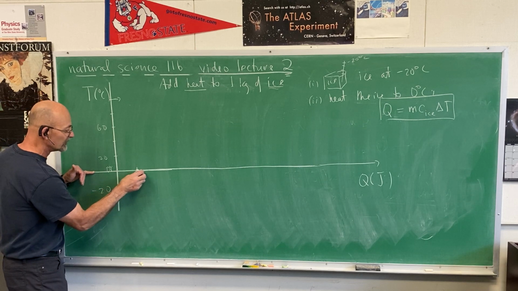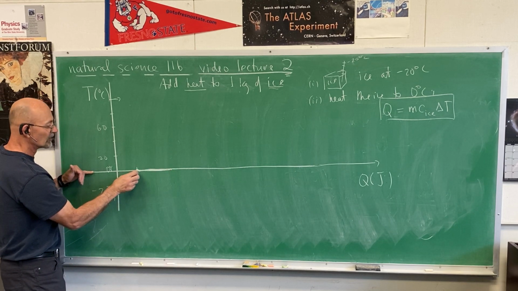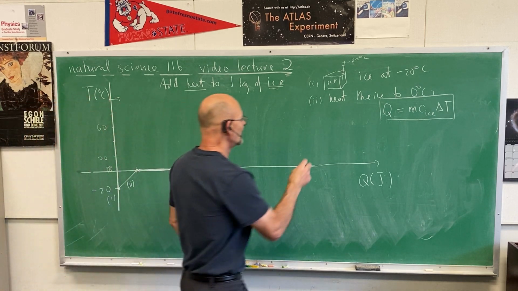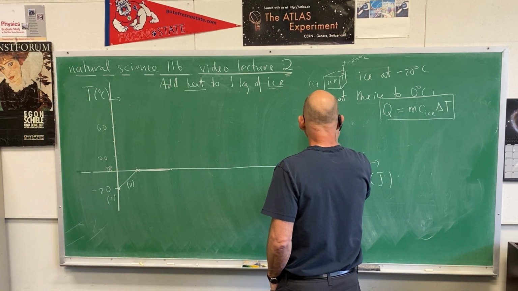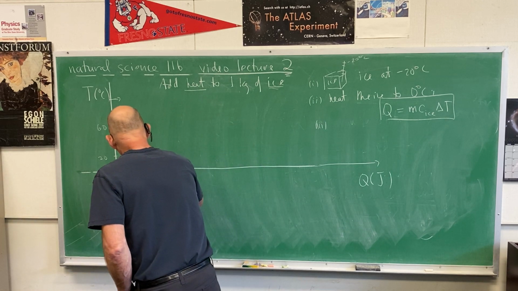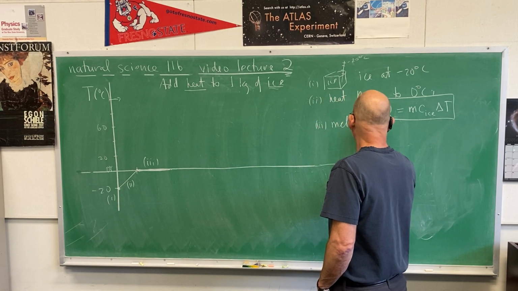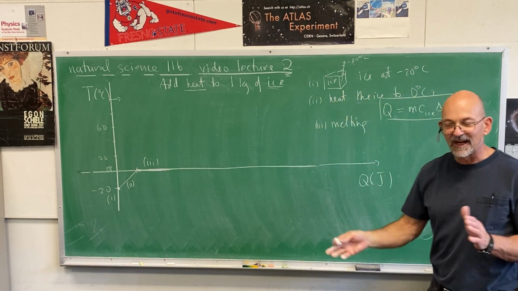That's why this horizontal line is so important. 0 degrees, horizontal line, 0 degrees is 1, 2, 3. I'll label that right here. It's melting, but it is melting without changing its temperature.